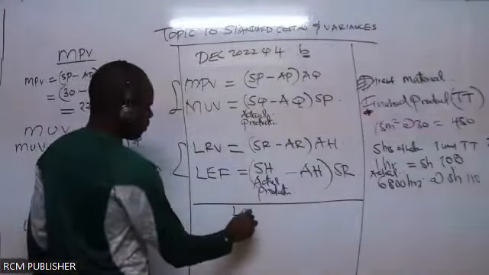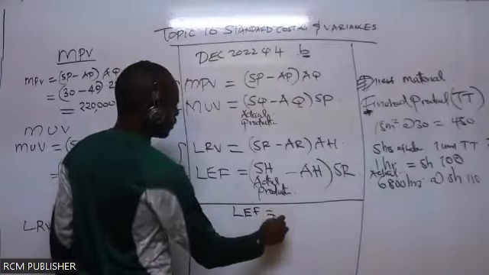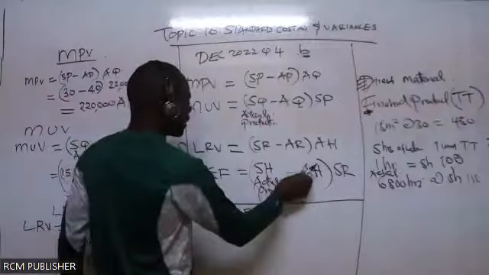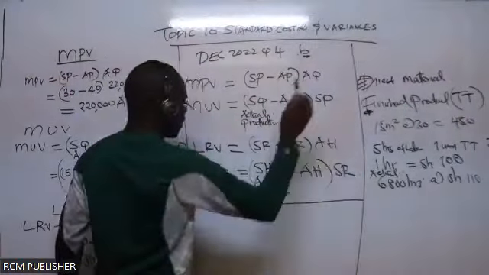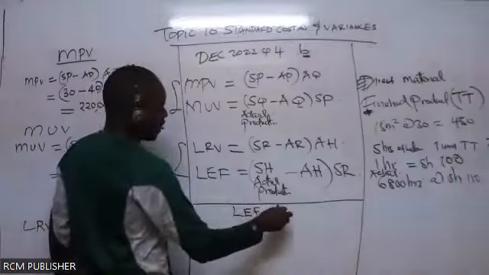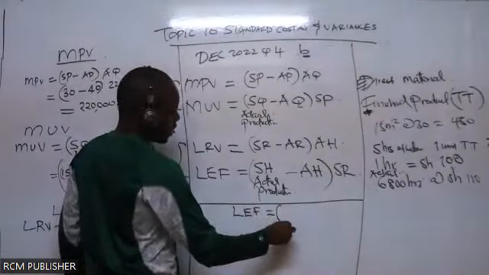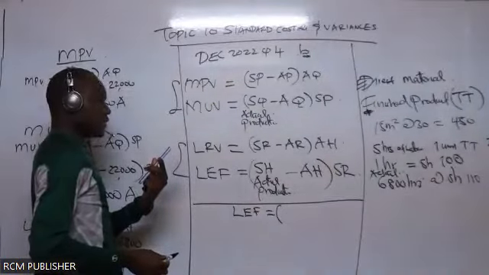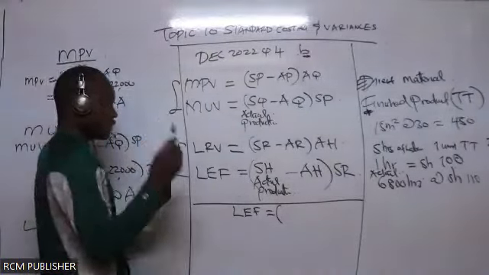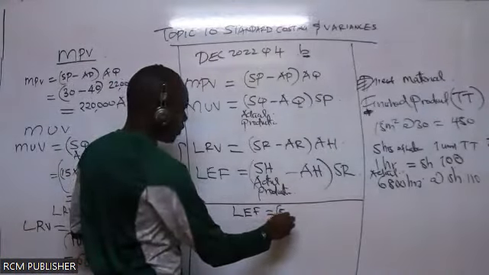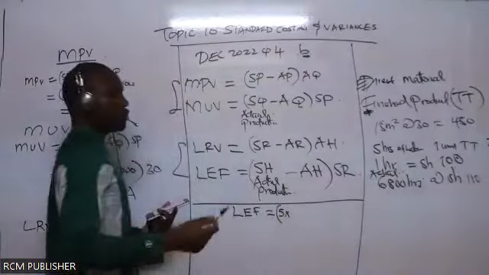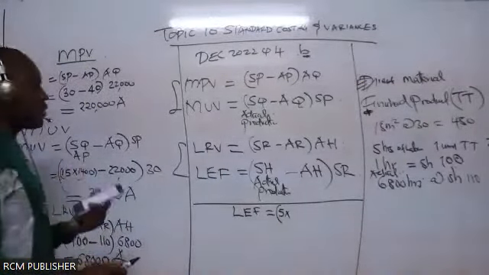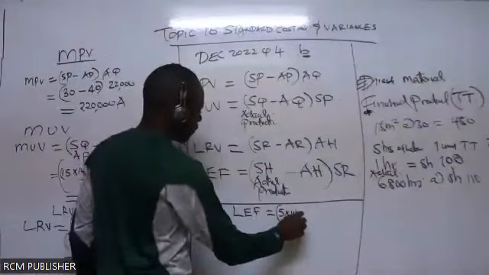So labor efficiency variance is equal to standard hours of actual production minus actual hours multiplied by the standard rate. The standard hours given there is 5 hours per unit of output. The actual production of the finished product TT, we are told, is 1,400.